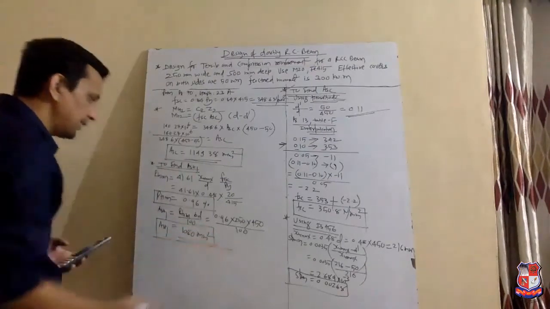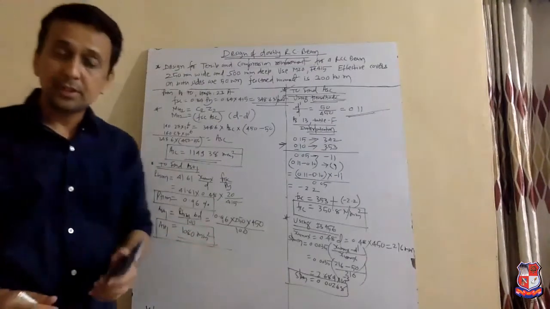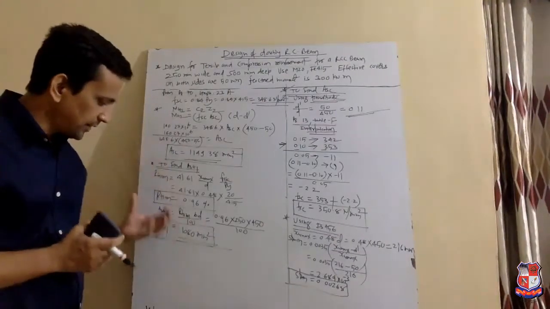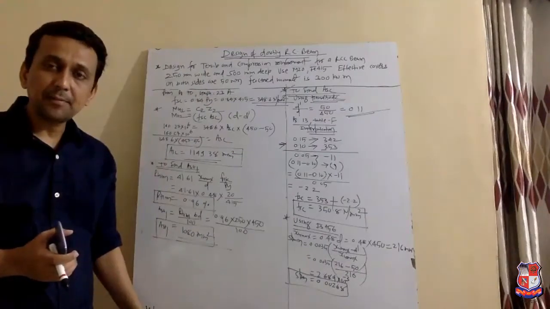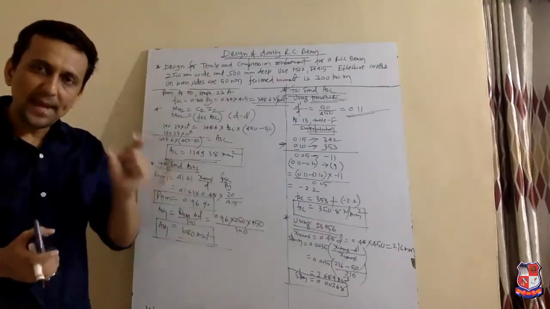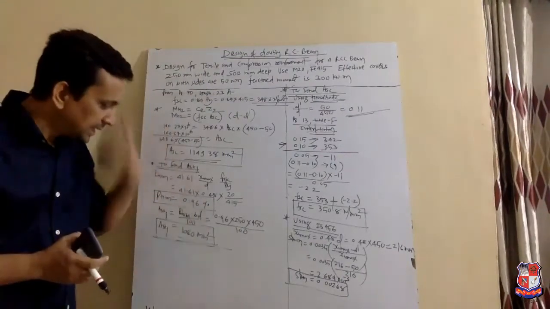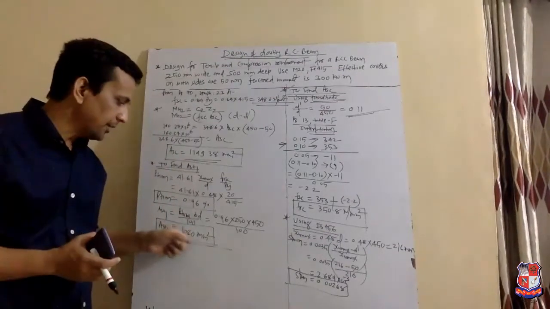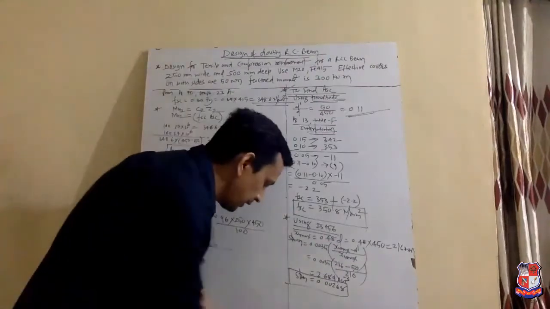So what does this AST1 of 1080 mm square mean? It means to resist that 139.73 Mu limb moment, we need to provide the minimum reinforcement having area 1080 mm square.